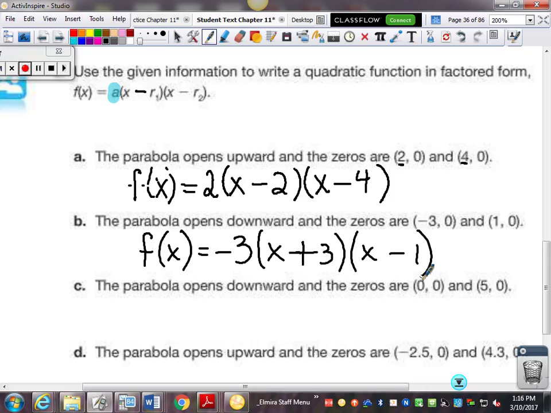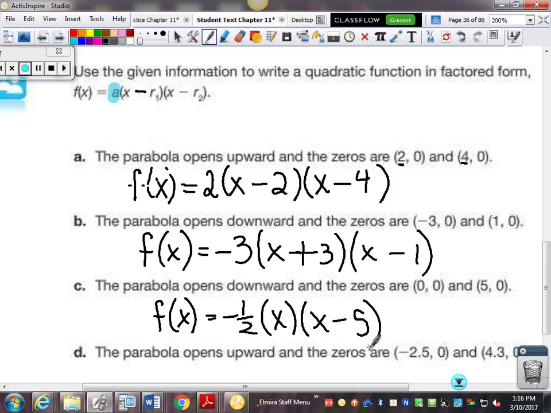Part C, the parabola opens down and the zeros are at (0, 0) and (5, 0). Opens down. Now, if the parabola has a zero at the origin, then I'm not going to put x plus or minus anything in the first parenthesis.